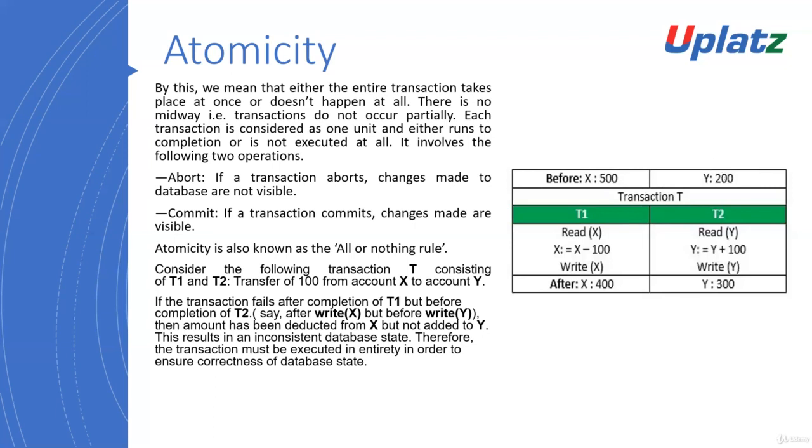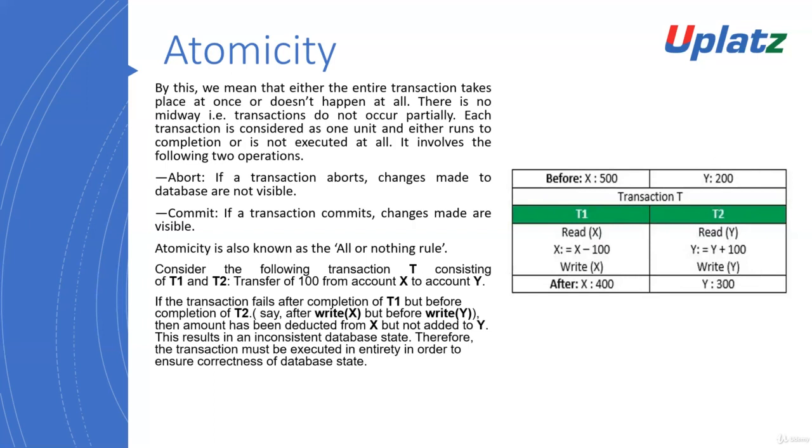So now, let's say the transaction fails after completion of T1, but before completion of T2. I have to transfer 100 rupees to account Y. Now let's say my 100 rupees are deducted from account X, but just before it got added to account Y, there was a hardware failure.